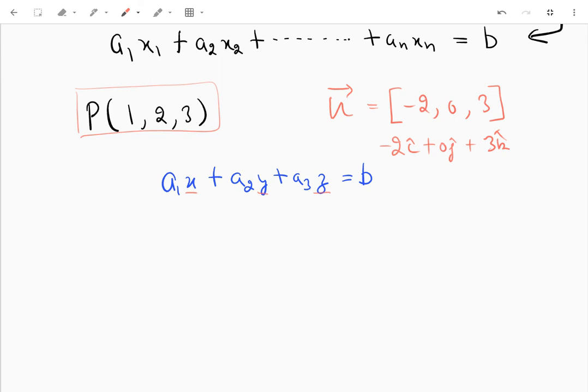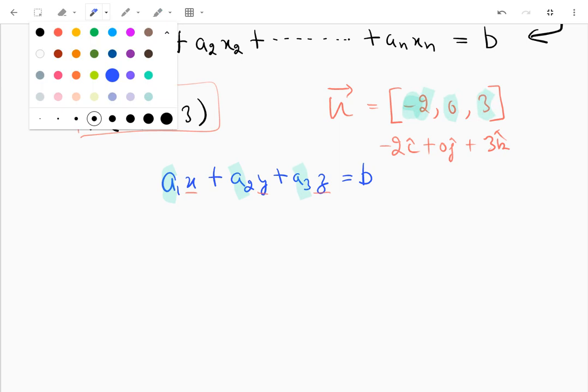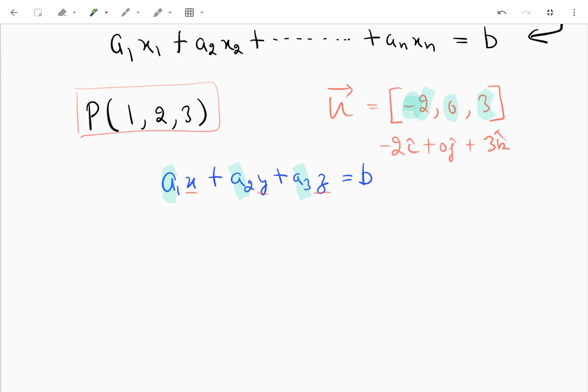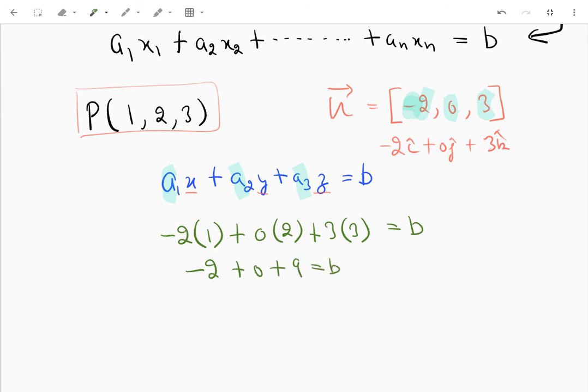This is my a1, this is my a2, and this is my a3, so I'll plug in these values. What I get is -2 times 1 plus 0 times 2 plus 3 times 3 equals b. So I get -2 plus 0 plus 9 equals b. So the value of b comes out to be 7.